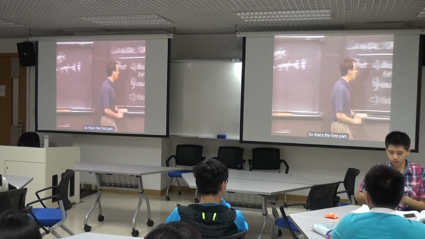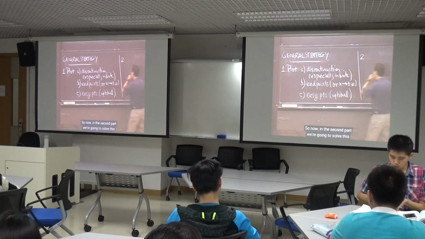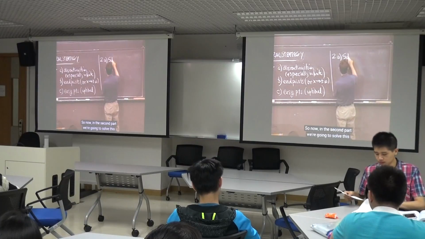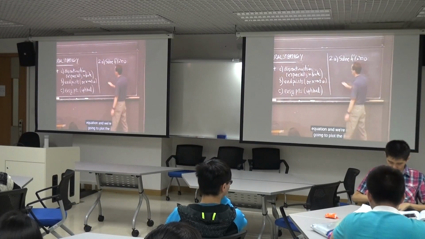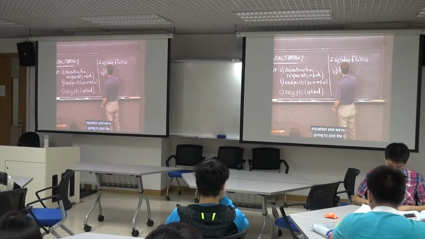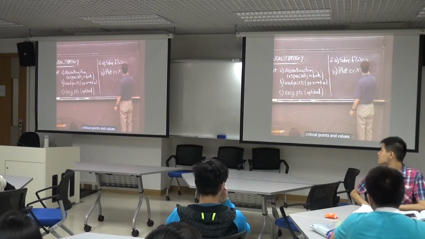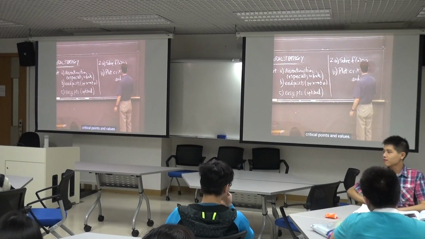All right, so that's the first part, and again, this is all pre-calculus. So now, in the second part, we're going to solve this equation, and we're going to plot the critical points and values.